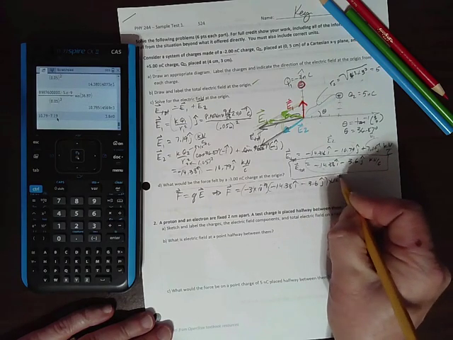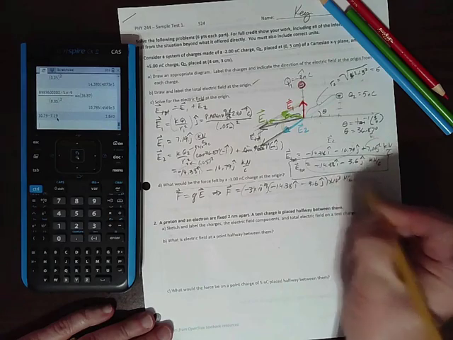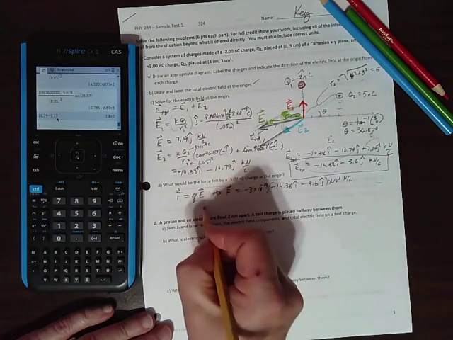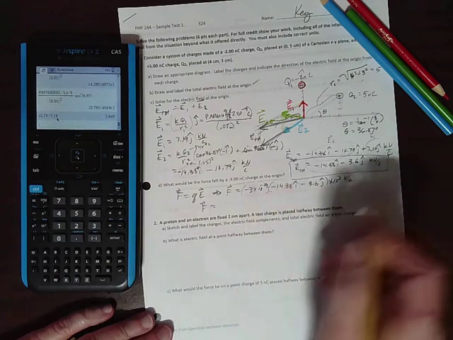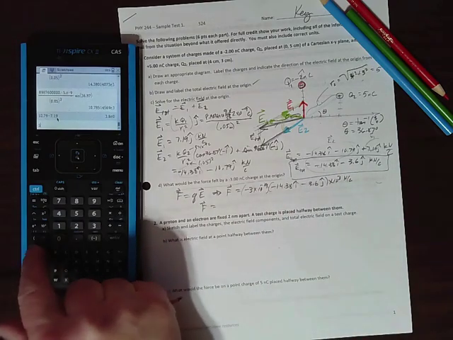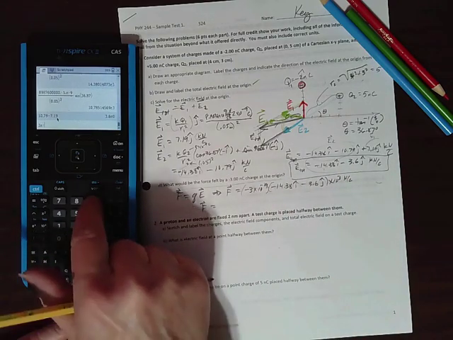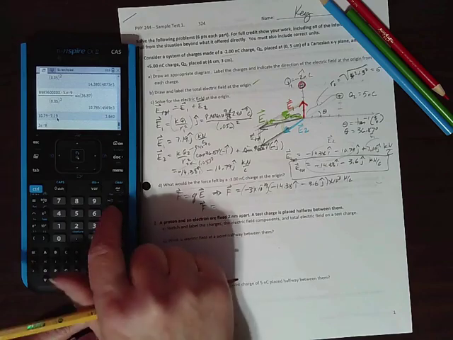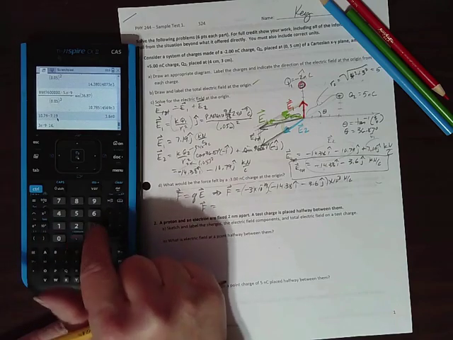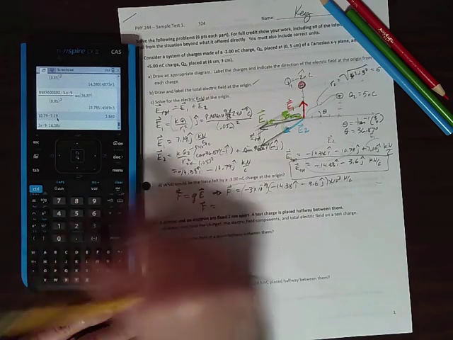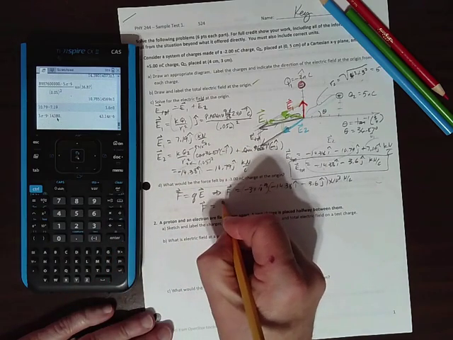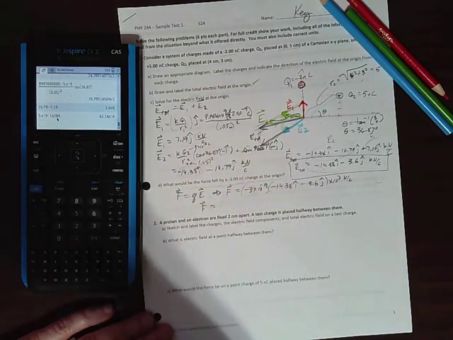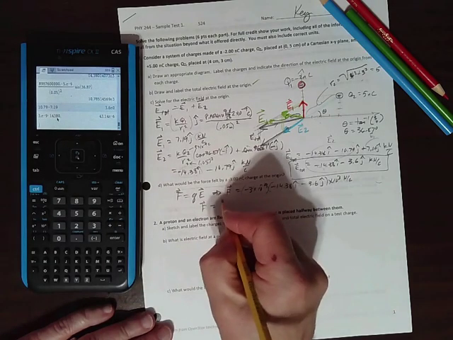Let's just go ahead and write 10 to the third newtons per coulomb to get all the numbers working together here. So these are all going to be positive. So we're going to have 3e negative 9 times 14.38 e3. So 43. Yep, it's still going to be a pretty small number.